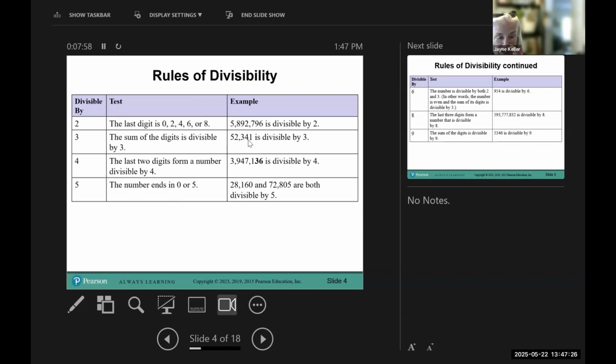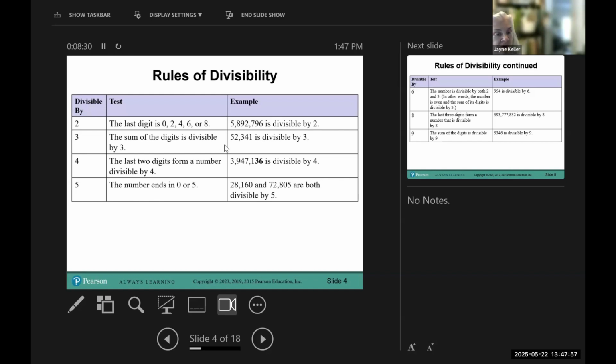So for example, here where we have 52,341, if I add up those digits, 5 plus 2 is 7, plus 3 is 10, plus 4 is 14, plus 1 is 15. So all of these digits add up to 15, and I know 15 is divisible by 3, and that means the entire number is divisible by 3. If you're interested in proofs, we can, of course, prove that, but that's kind of beyond the scope of this class.